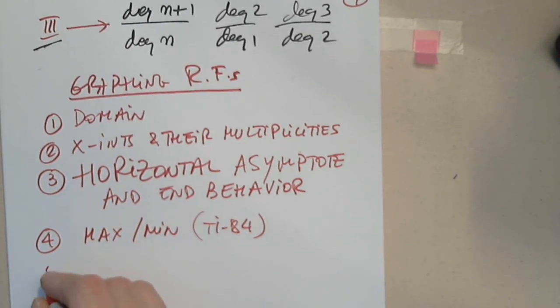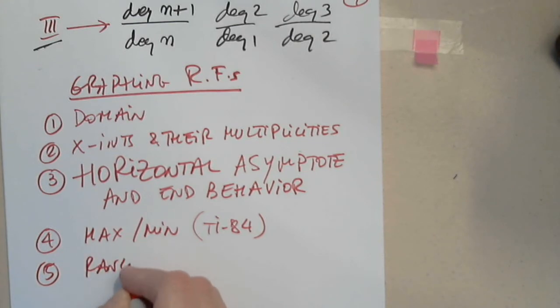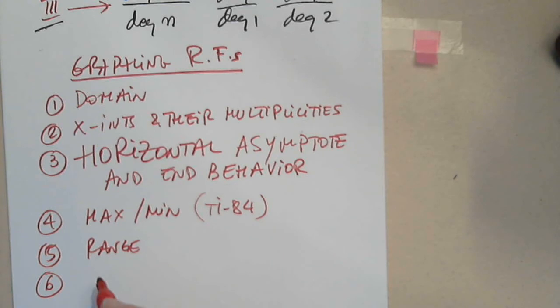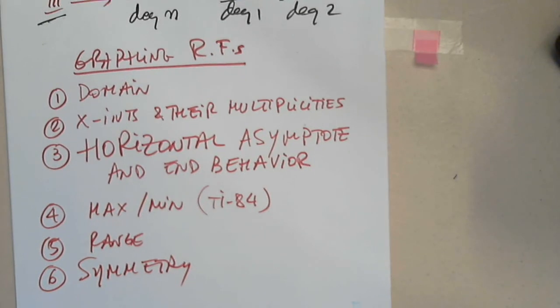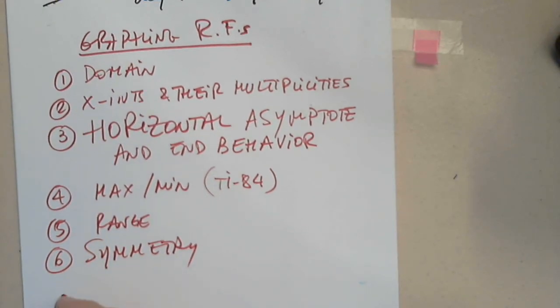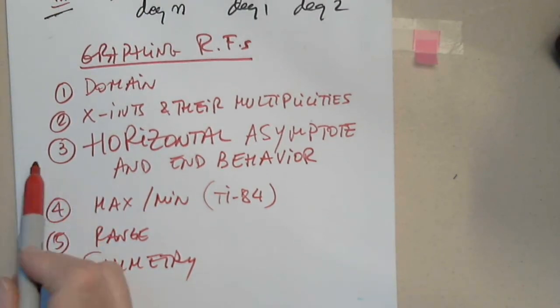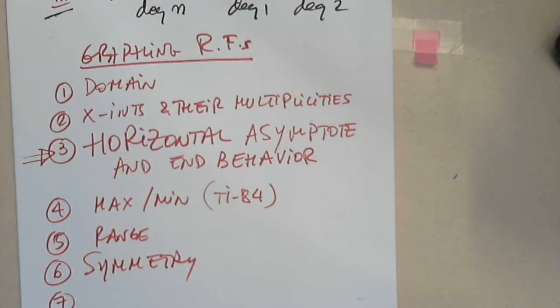Range. Yes. Range. And symmetry. Yes. Odd or even. Yep. That's in there. Anything else? And the answer is yes. There is an item. So this is an item that does not exist in polynomial functions.